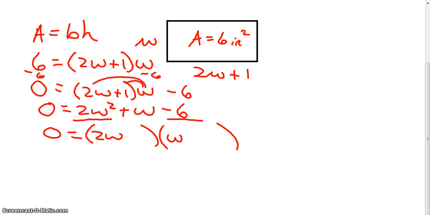It has 4. 6 is negative, so what does that mean for our signs? One's positive and one's negative. And now the factors of 6 that will FOIL out to give us, well, which position should they be in so that we FOIL out to get a positive 1 in the middle?